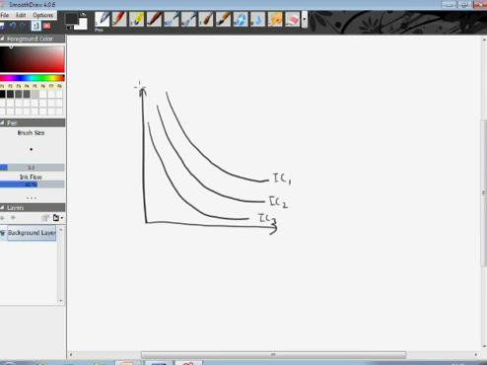Now we draw a budget line AB, which is tangent to the indifference curve IC2. The indifference curve IC2 and the budget line AB pass through a point E.